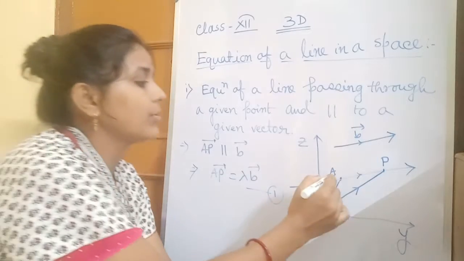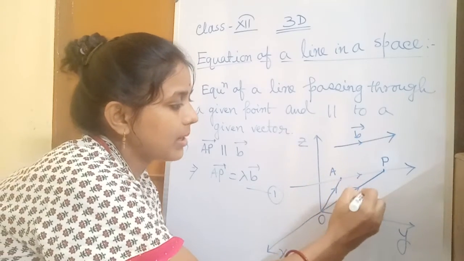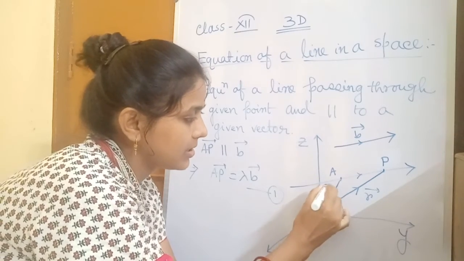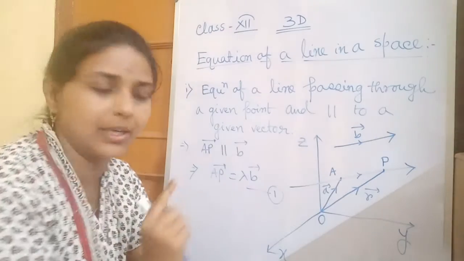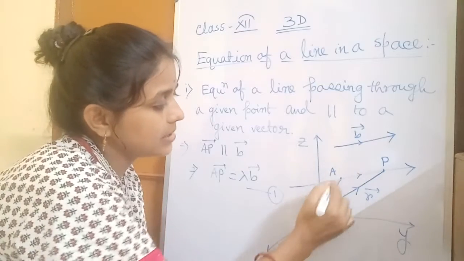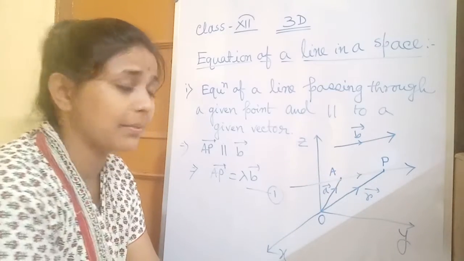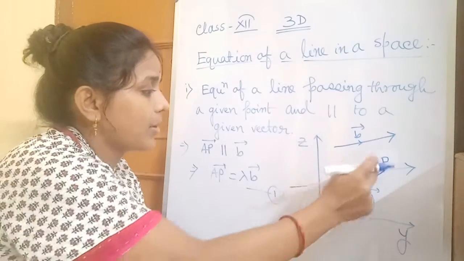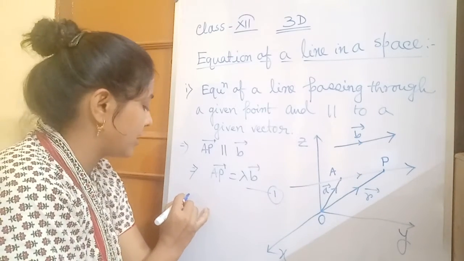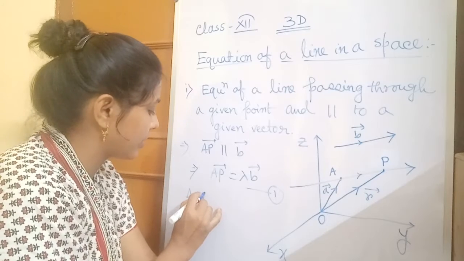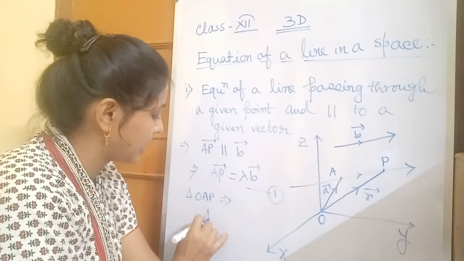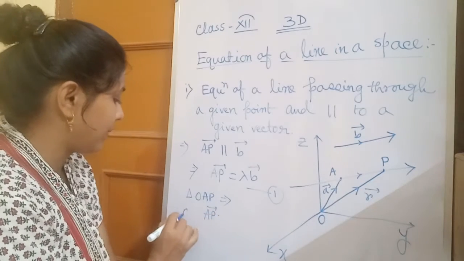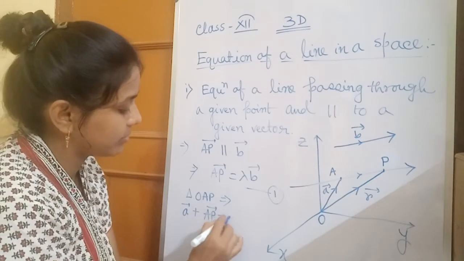Now I am giving OP the name r vector, and the given position vector is small a vector, or capital A. From this you can see a triangle is formed, so we can apply the triangle law of vector addition here. From triangle OAP we can write a vector plus AP vector equals r vector.